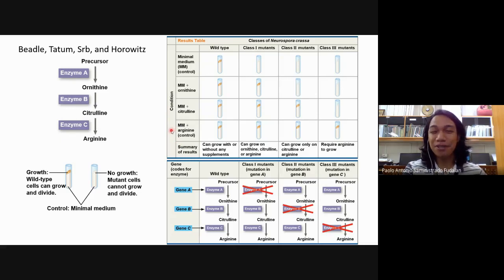So I really hope now you get the meat here. The conclusion is that genes contain the instruction in making enzymes. That's the conclusion. And where are genes found? Anyone from the group? Where are genes found?